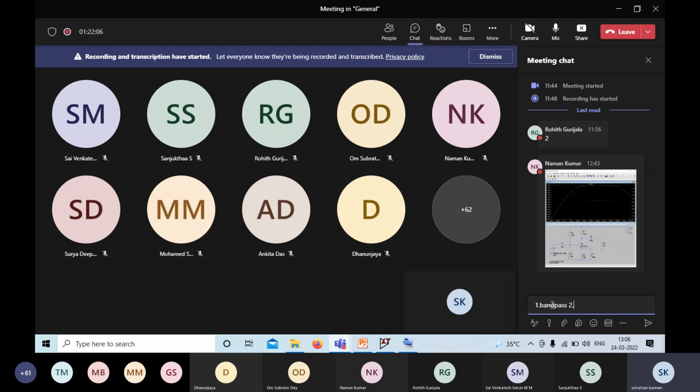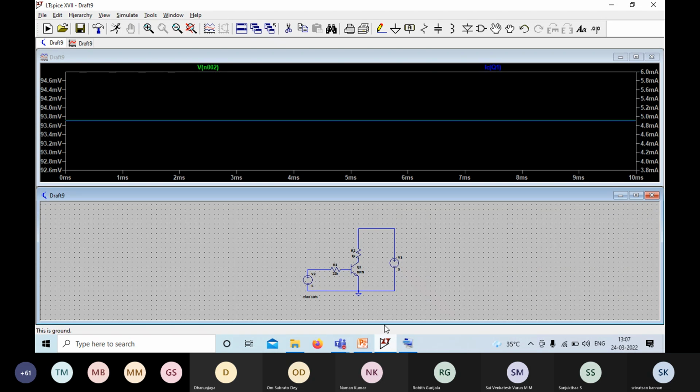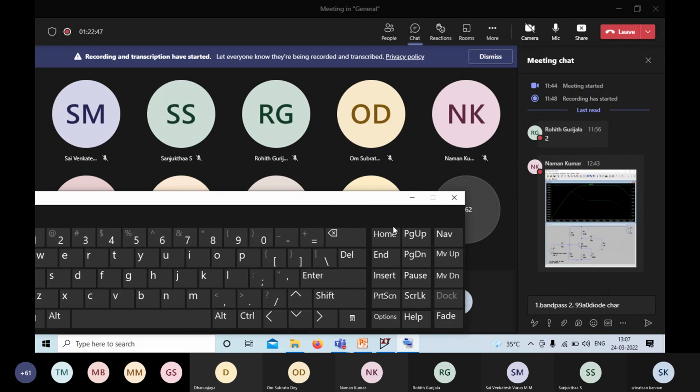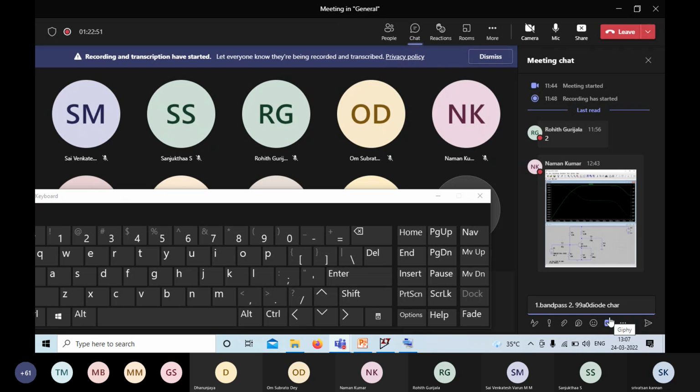The second experiment is diode characteristics. Second A is diode characteristics.